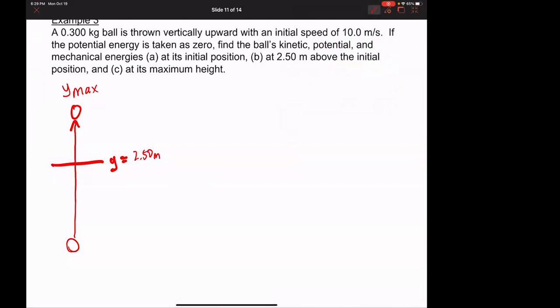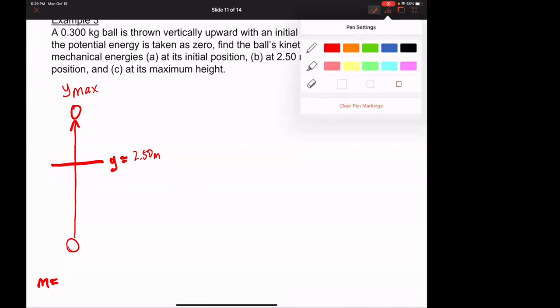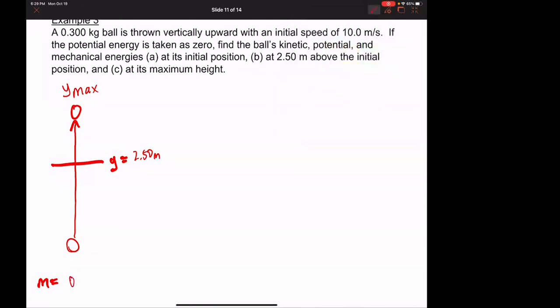I don't know what height it is. We know the mass of the ball is 0.30 kilograms, and we know the initial velocity is 10.0 meters per second.